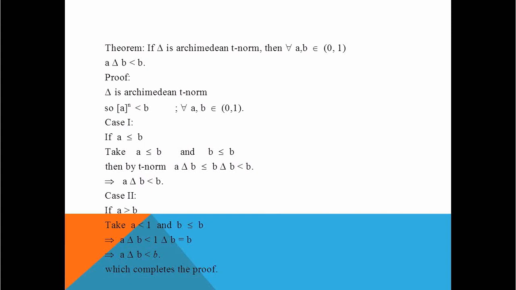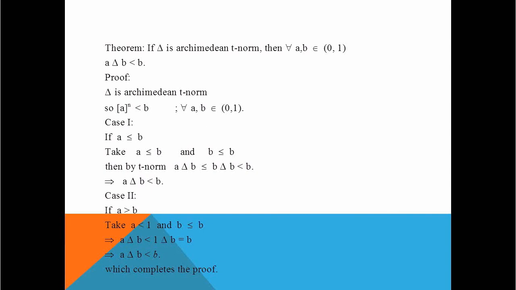So by the T-norm property we know that a delta b is less than or equal to b delta b, and b delta b is less than b. Why is b delta b strictly less than b? Because it is an Archimedean T-norm. This implies that a delta b is strictly less than b.